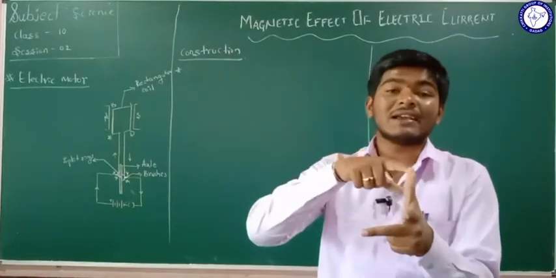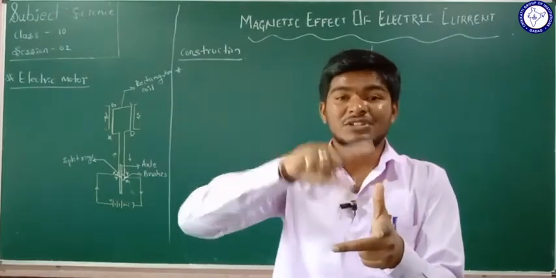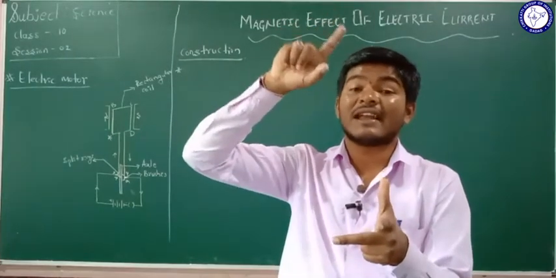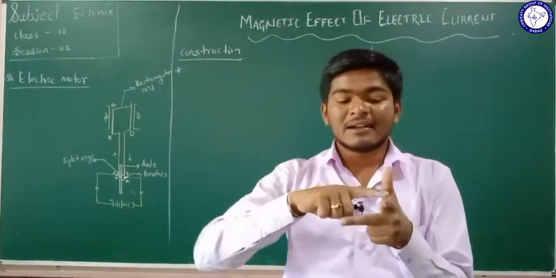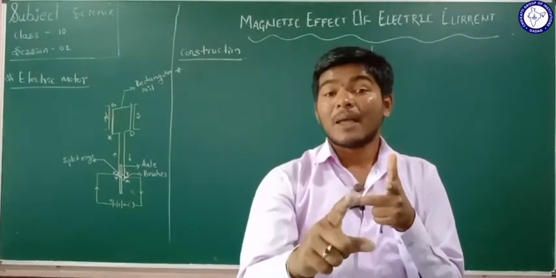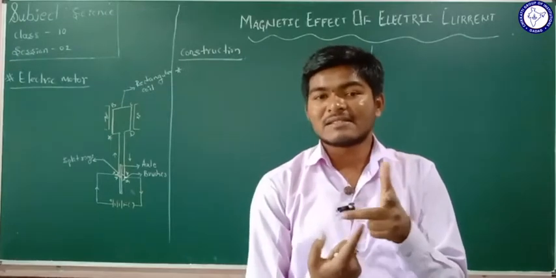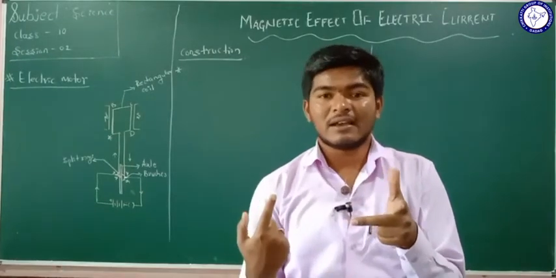The thumb indicates the direction of the motion here. The forefinger indicates the direction of the magnetic field, and the middle finger indicates the direction of the current here, isn't it?